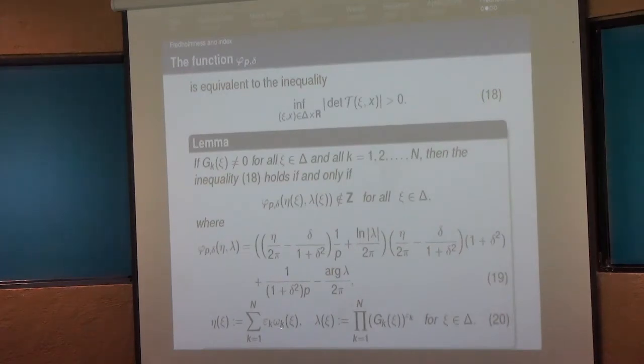It depends on eta; this is the dependence on the logarithm of the derivative of the shifts, omega k. Here we have the dependence of coefficients on lambda. And here we have the index of spiral likeness. So we have such a complicated formula. And if this symbol is not an integer, then this condition jointly with z is fulfilled.